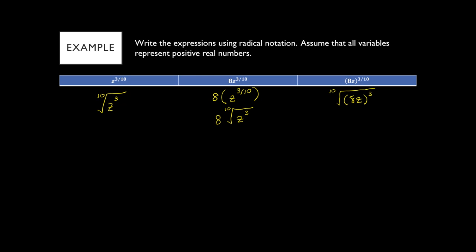So you can see that I'm basically taking this part, and then I'm taking that divided by 10 in the exponent to write it as the root. And then when we simplify this, we would distribute, so we'd have 8 to the 3rd power times z to the 3rd power.